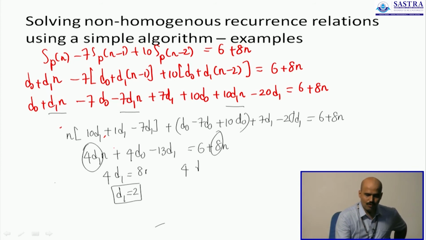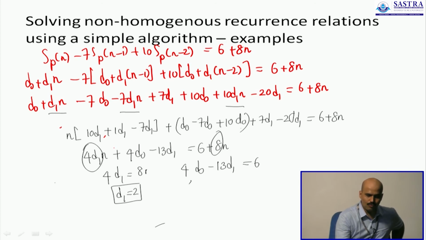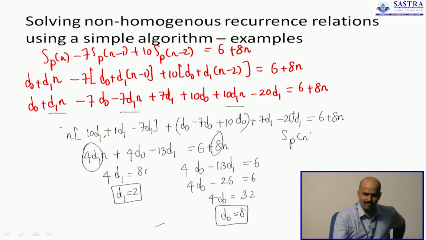You also have 4 d naught minus 13 d1 as 6, equating the constant parts. 4 d naught is a constant, 13 d1 is a constant, 6 is a constant on the other side. You can equate both. You know that d1 is 2. So 4 d naught minus 26 is 6, or 4 d naught is 32, which means d naught is 8. And therefore you have your particular solution Sp of n, d naught plus d1n, as 8 plus 2n.